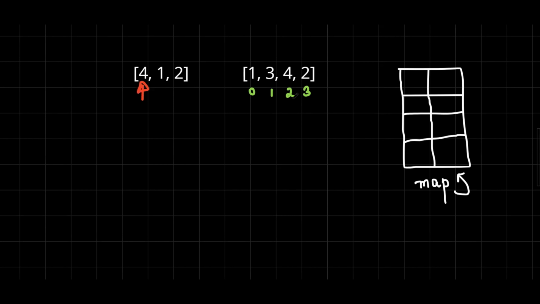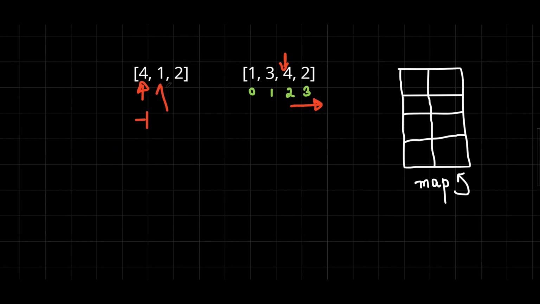So we have to find the appearance of 4, which appears here. Now what is the greater element which appears after this element 4? It does not have any greater element because the only element after the 4 is 2, which is definitely not greater than 4. So in this case, we have to add -1 here.